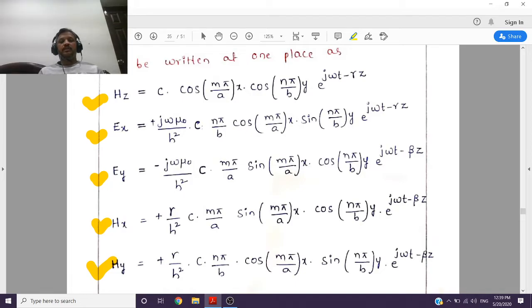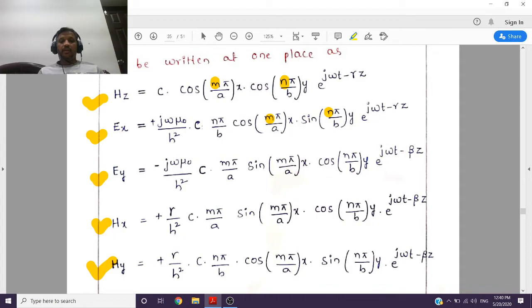So once we get these 5 equations and the other one, Ez, is 0, we need to substitute the values of that particular mode. Suppose it is TE 0 0, here m is 0, here n is 0. So what will be this hz expression that you have to write? And similarly for ex also we need to just put m equal to 0 and n equal to 0, and we need to check. That's what we have to do once we complete the expression for cutoff frequency for the rectangular waveguide.